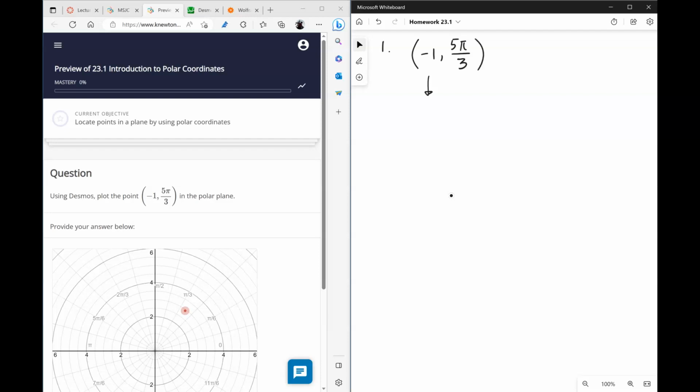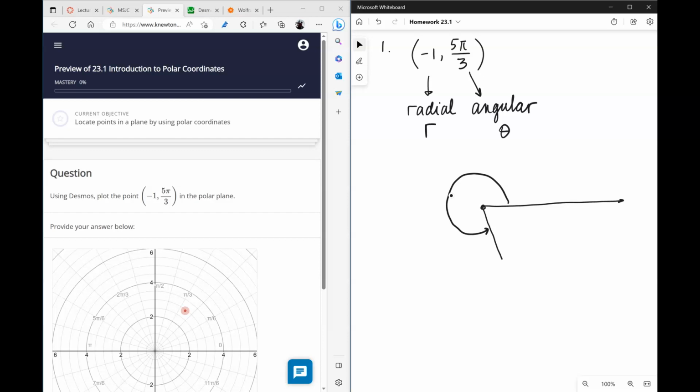The first coordinate is called the radial, and the second coordinate is called the angular. To draw the point, we're going to measure whatever the angle is in a counterclockwise direction.